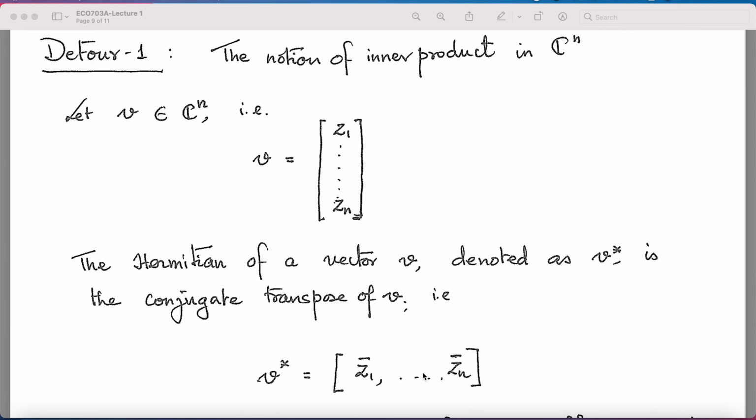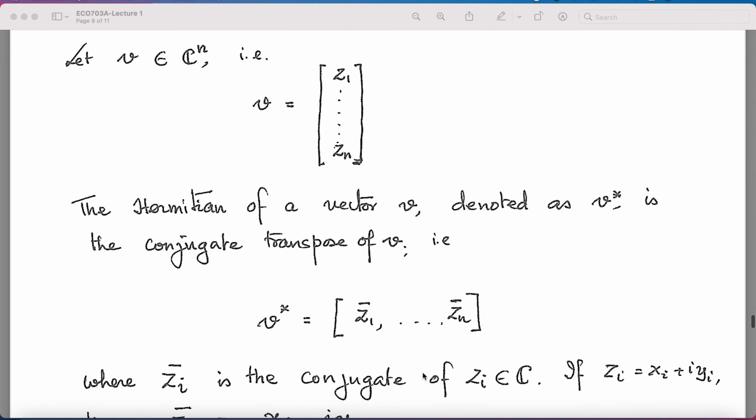It means that if v is a vector in Cn and Z1, Z2, ..., Zn are n complex numbers as its components, then v star, which is called the Hermitian, is equal to Z1 bar, ..., Zn bar. I first construct a vector with the conjugates of Z1, Z2, ..., Zn, and then take its transpose, making it a row.